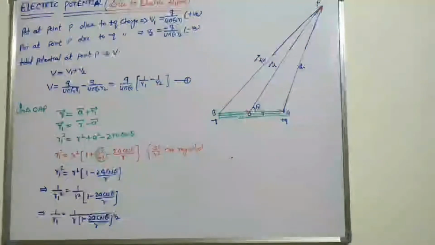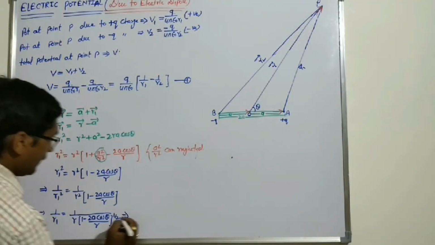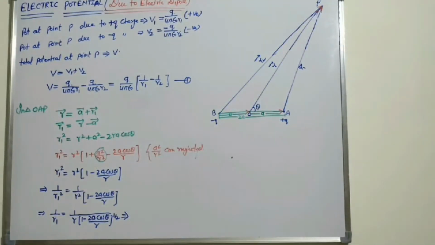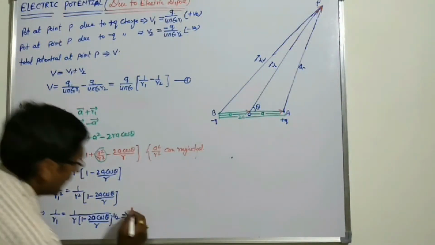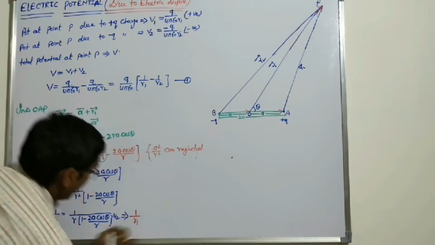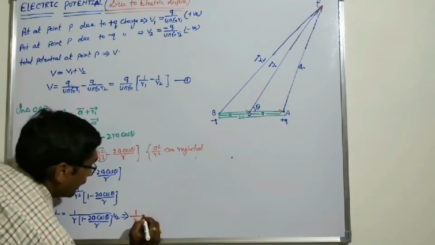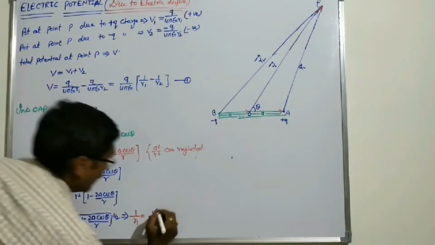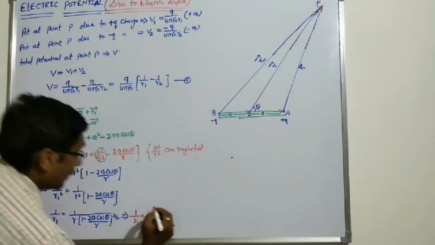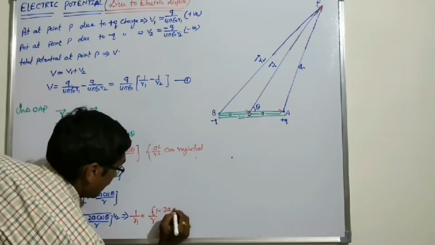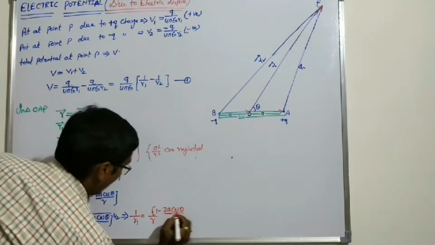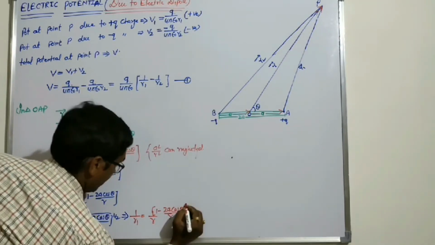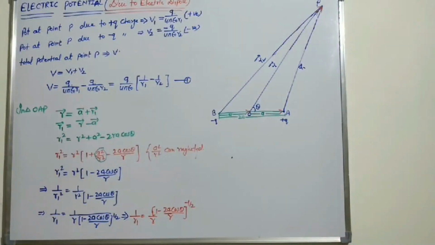And after solving this step, we get 1 upon R1 equals 1 upon R, and this power is going upward, so it equals 1 minus 2a cos theta upon R, whole to the power minus 1 by 2.